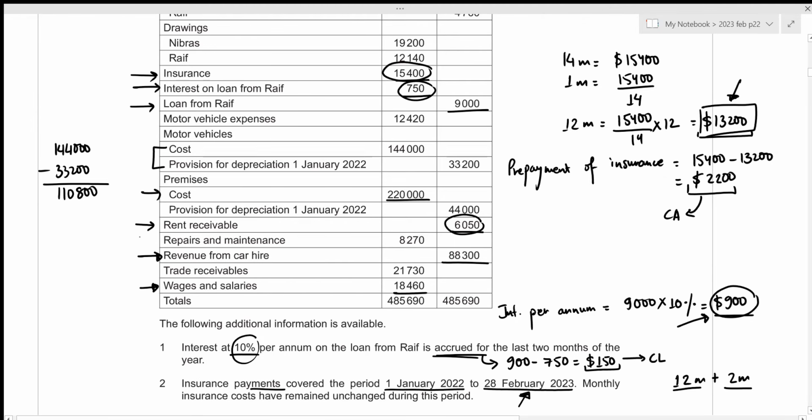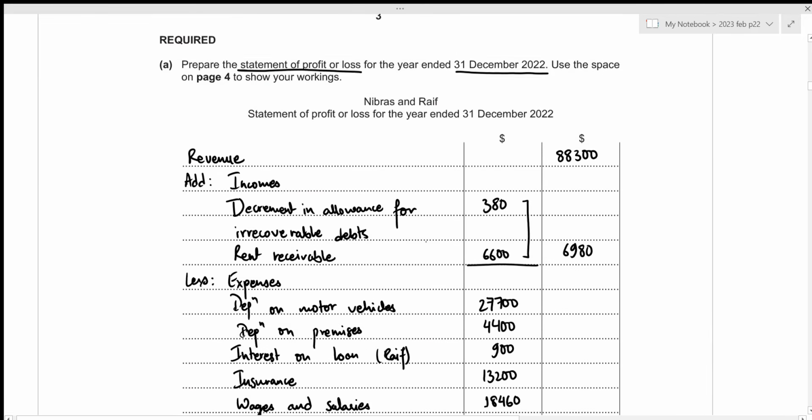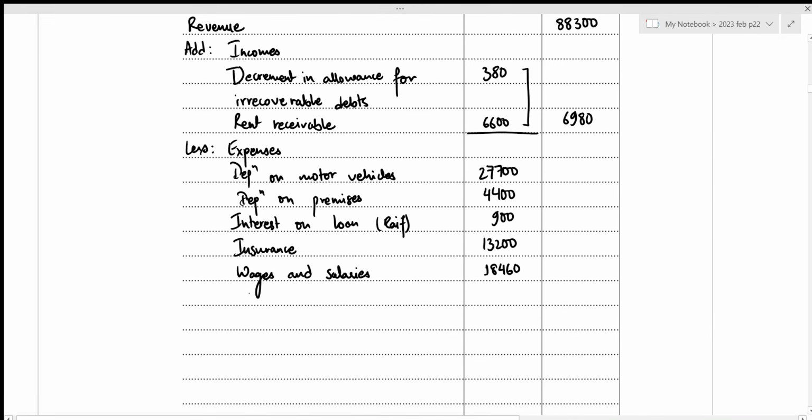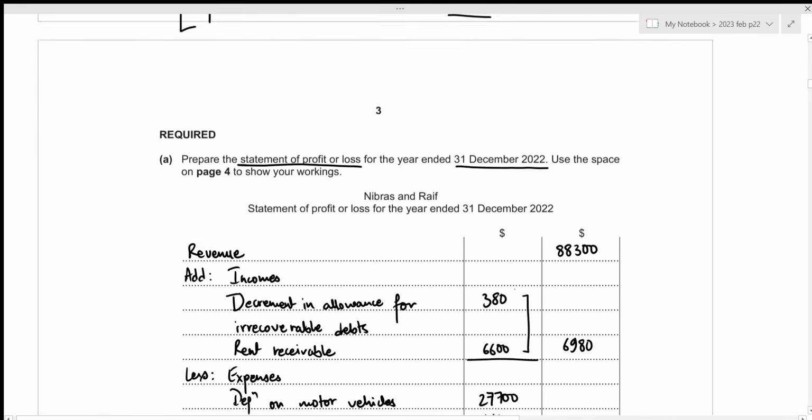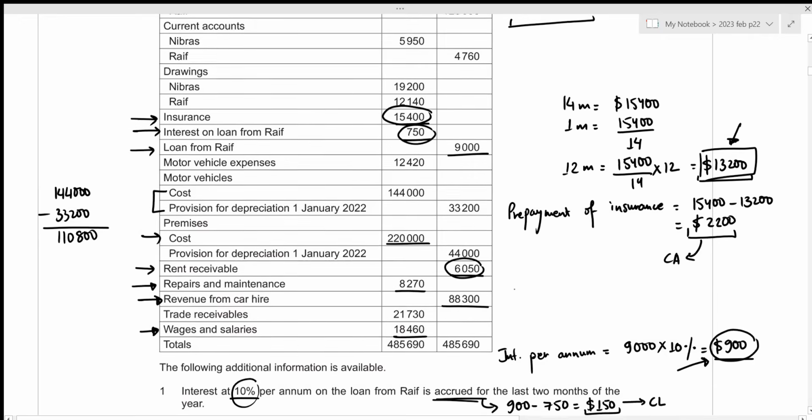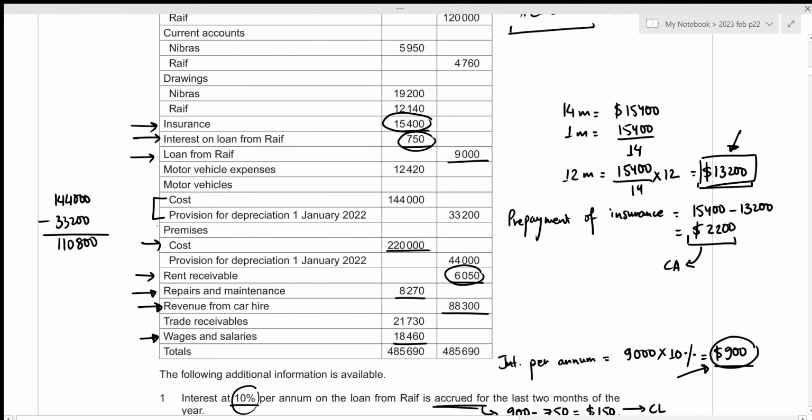Then we also have repairs and maintenance cost. It will also act as our expense. That's of 8,270. That's our repairs and maintenance of 8,270. Okay, then we have already included the depreciation for premises, depreciation for our motor vehicles.